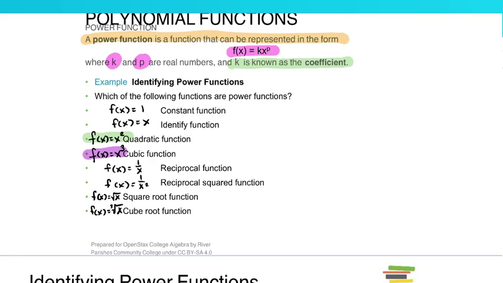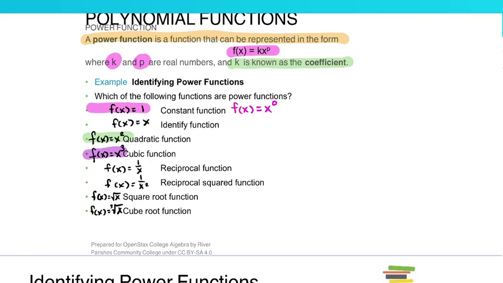So for the first one, f of x equals 1, we could write that as f of x equals x to the 0, because if you will remember any of your rules of exponents, x to the 0 is 1. So that means that f of x equals 1 is in fact a power function.